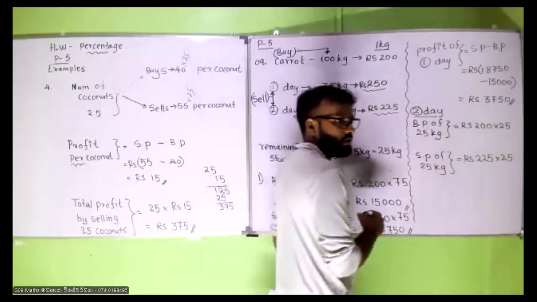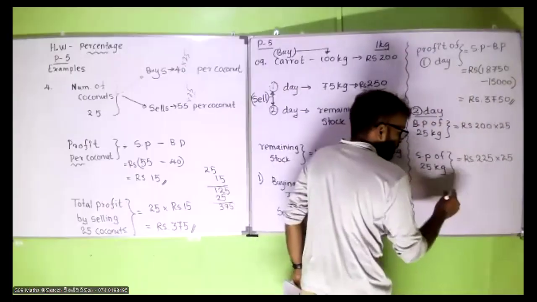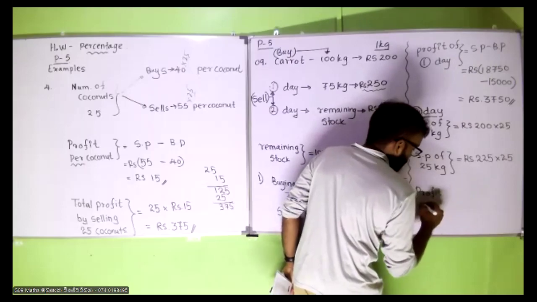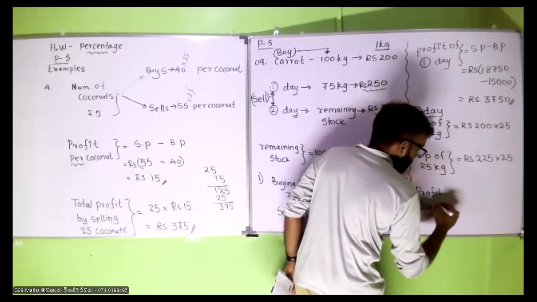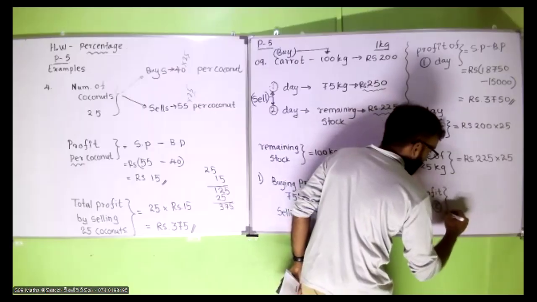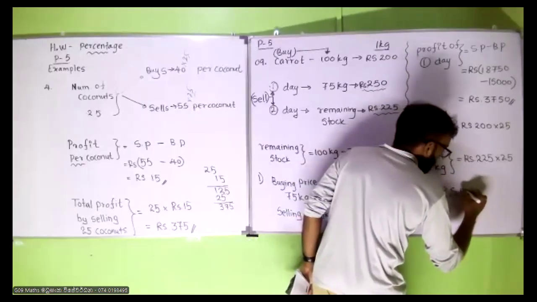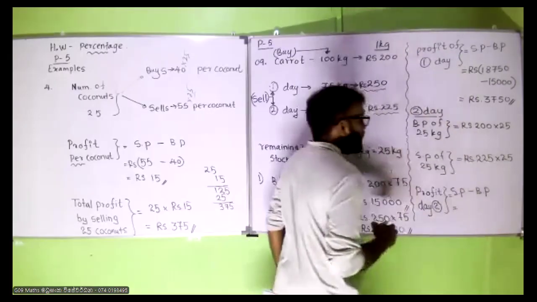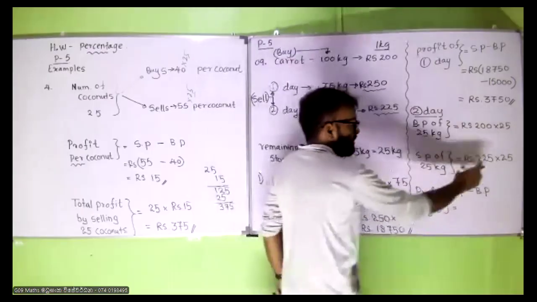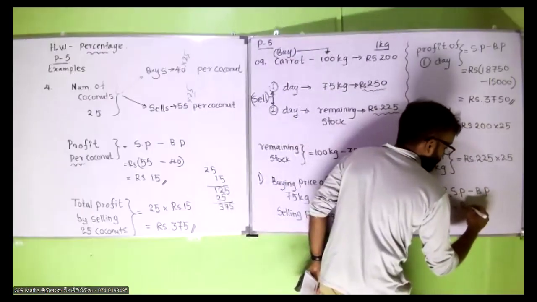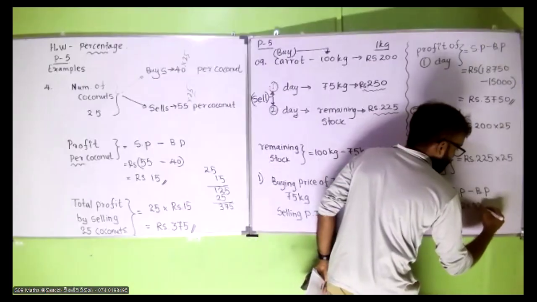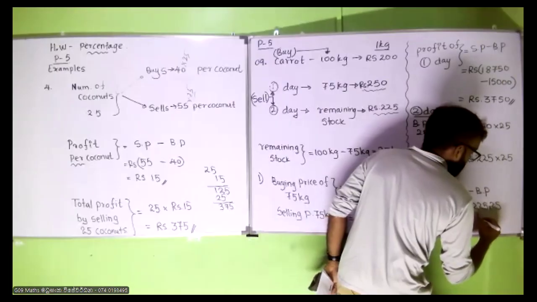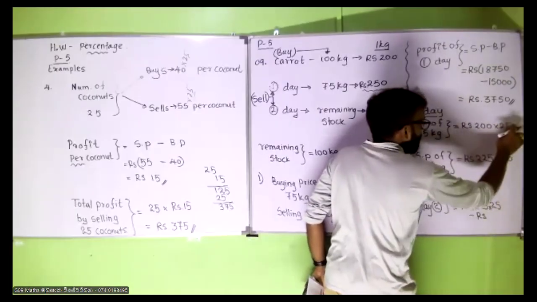So I am going to find the profit of day 2, the second day. Selling price minus buying price. Selling price is this, minus buying price is this.